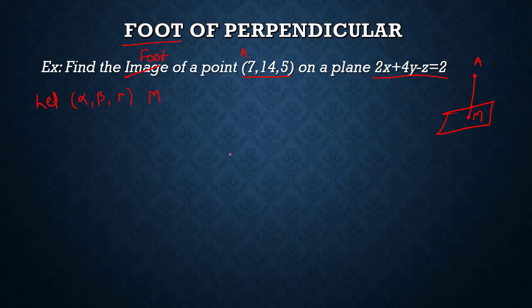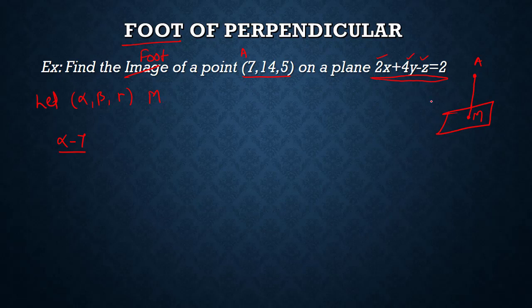So what our trick says is, first of all write down the equation of AM. The equation of AM will be alpha minus 7 upon the direction ratio of this AM. From where will you get the direction ratio of AM? Sir, from the equation of the plane, because the direction ratios are nothing but the normal direction ratios and this AM is nothing but the normal to the plane.